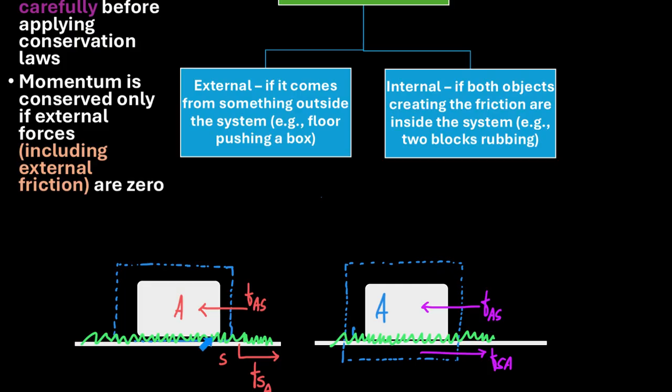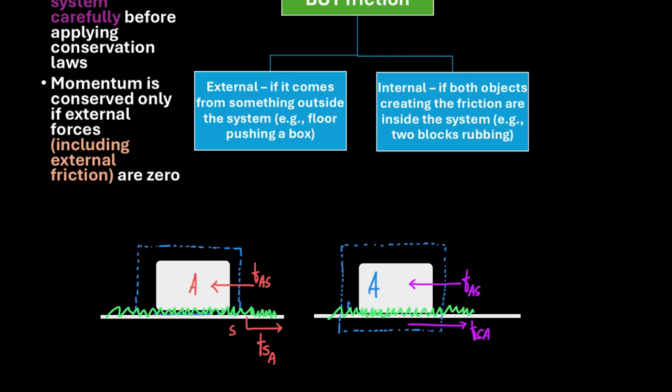Which are they? Friction due to the contact of A and S acts in two ways. Friction on A due to the surface, and the reaction friction on the surface due to A. Likewise, friction acting on A due to the surface, friction acting on the surface due to A.